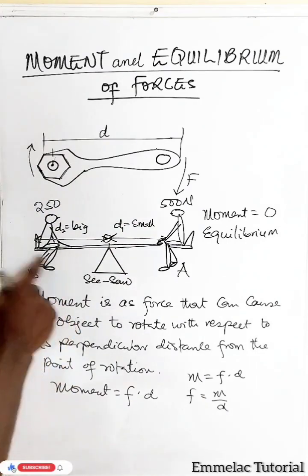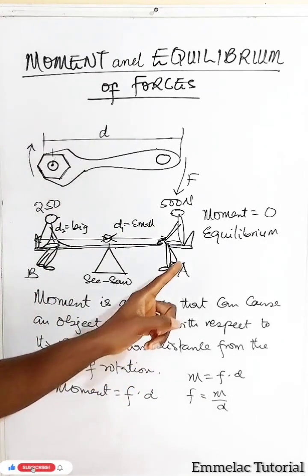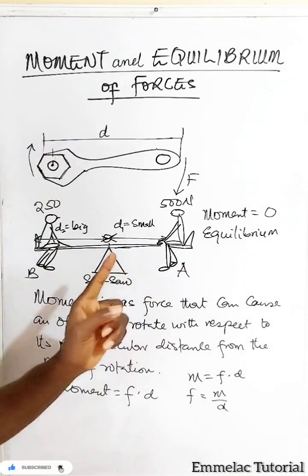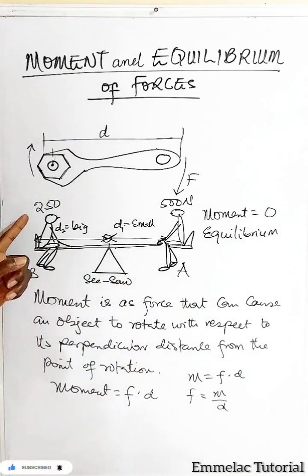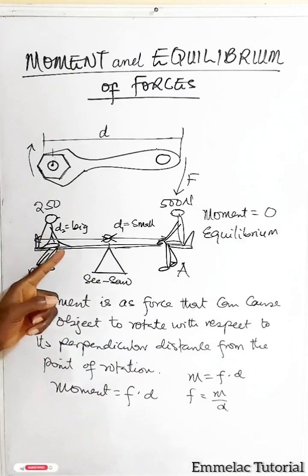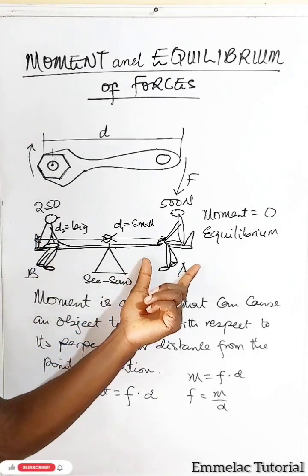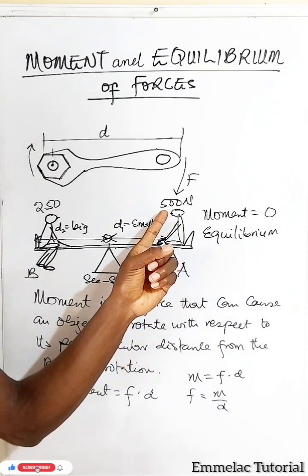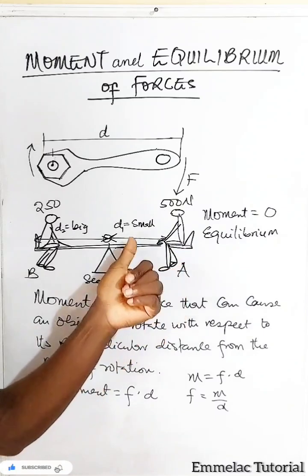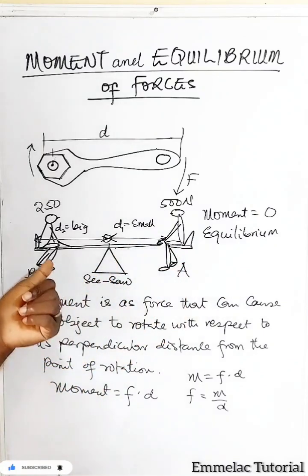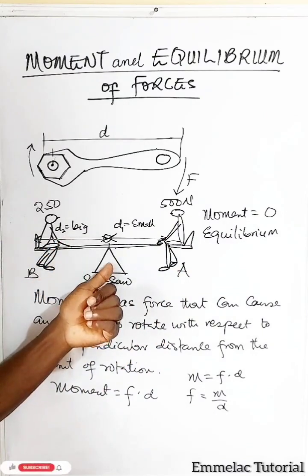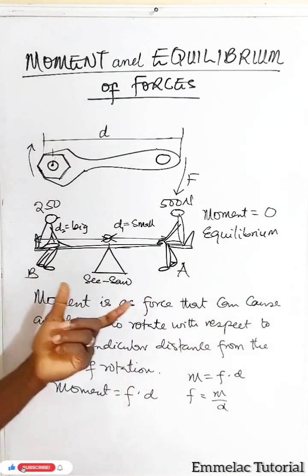Now, at the same point here, if the moment between 500 Newton of this guy and the distance from the point is the same as that of 250 and d2 from the point of our pivot here, there we have what we call what?